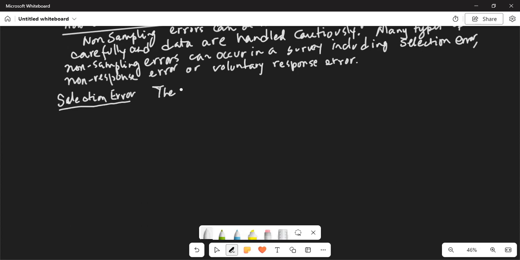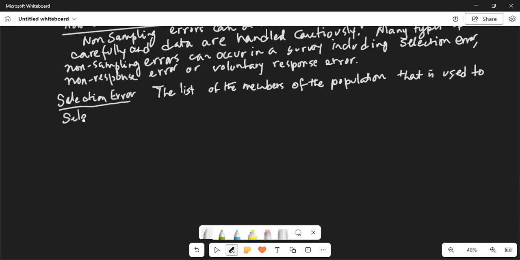The list of the members of the population that is used to select a sample is called the sampling frame.